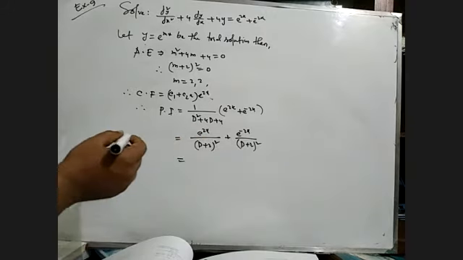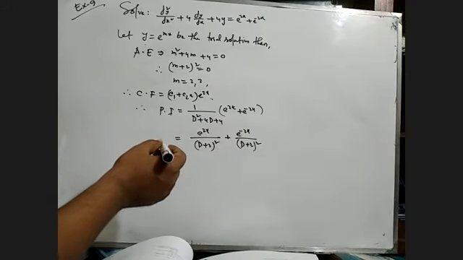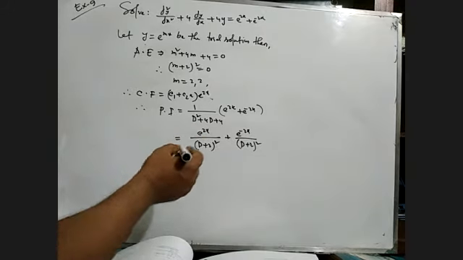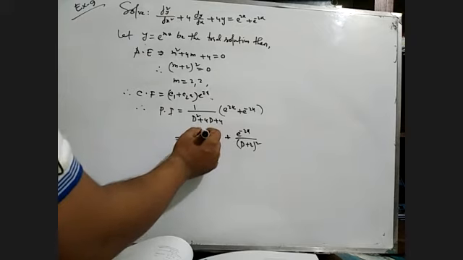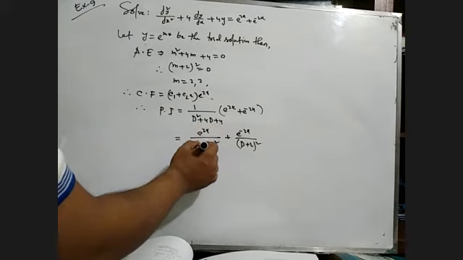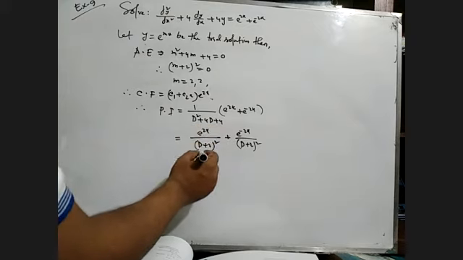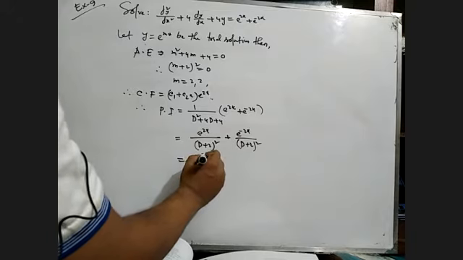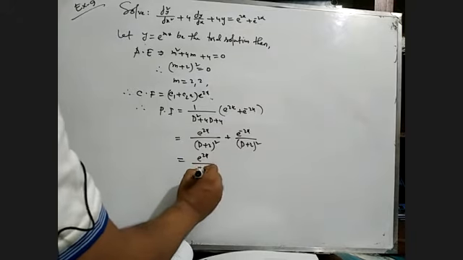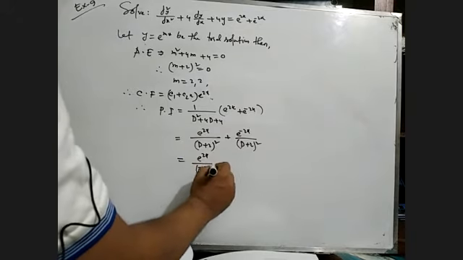For the exponential rule of finding particular integrals, if we put the coefficient of x in the place of capital D, we can write e to the power 2x divided by (2+2) whole square.